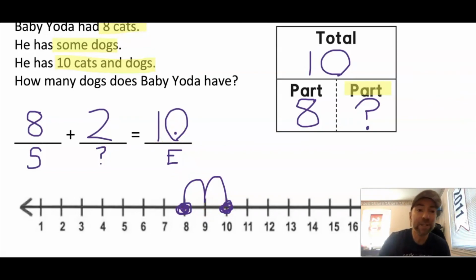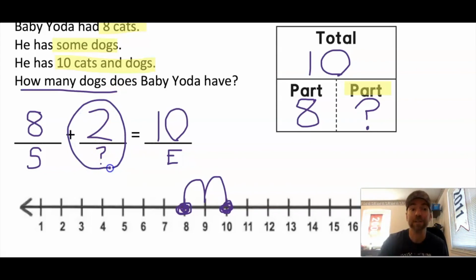Now, the answer to my question, how many dogs does Baby Yoda have? Do you know a lot of students say he has 10? No, he doesn't have 10 dogs. He has 10 cats and dogs. He has 8 cats, but he has 2 dogs because that was the question mark in our diagram.